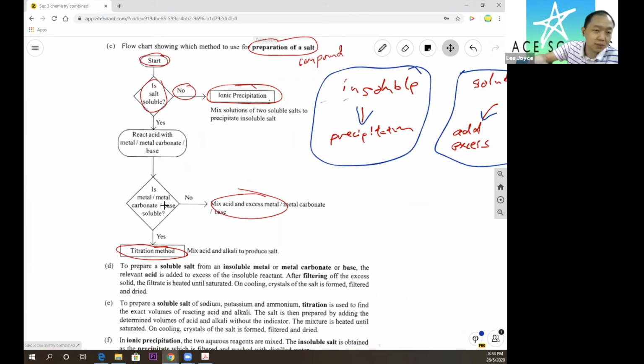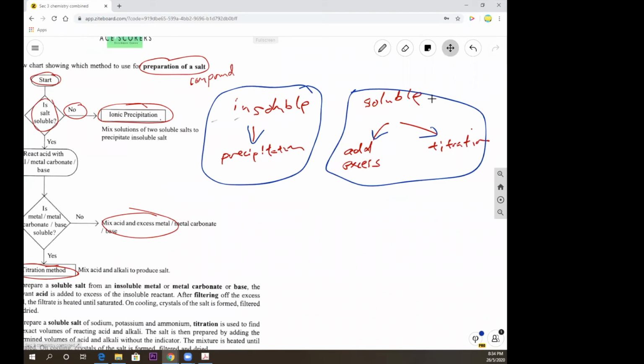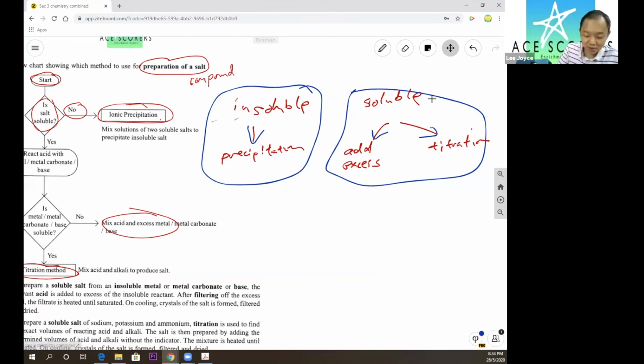Of course, at this point of time, you don't know what I'm talking about. You don't know what precipitation is, what add excess is, or what titration is. Do you know what titration is? No, I don't know. Do you know what precipitation is?